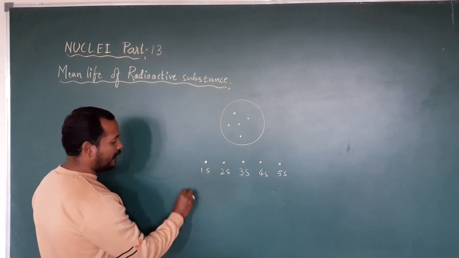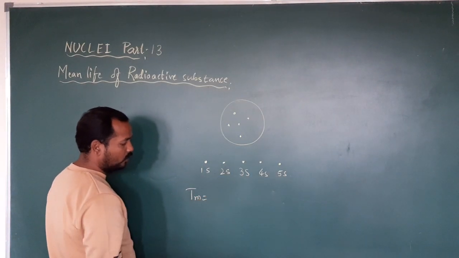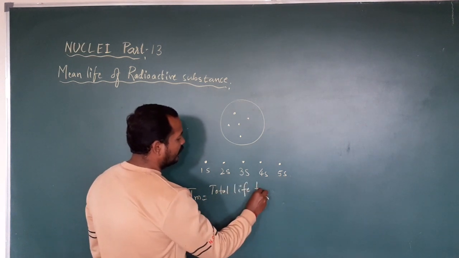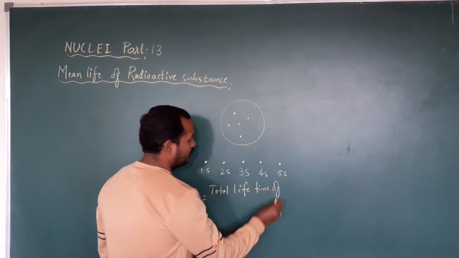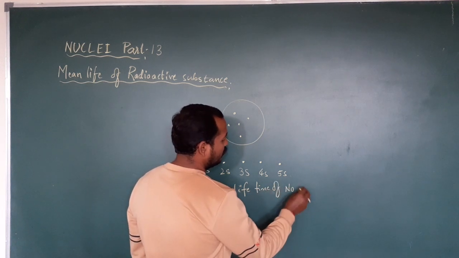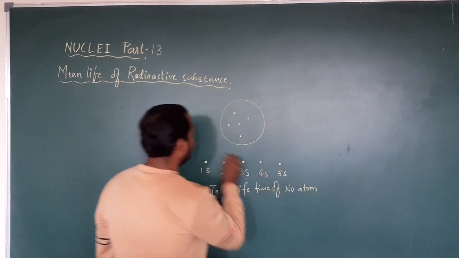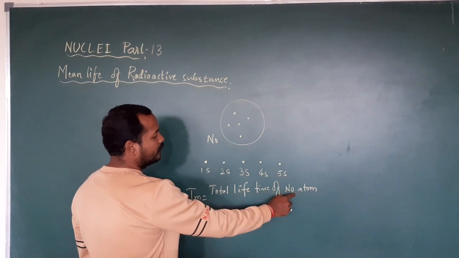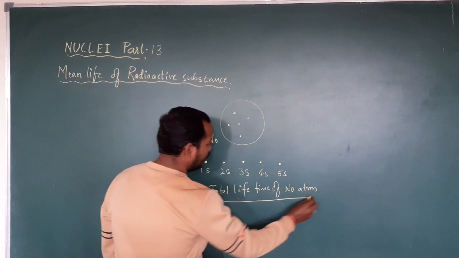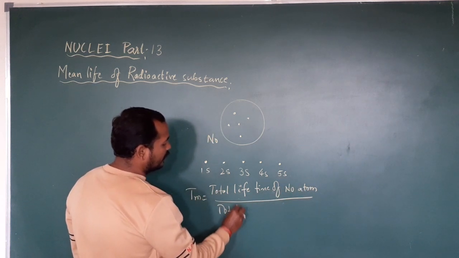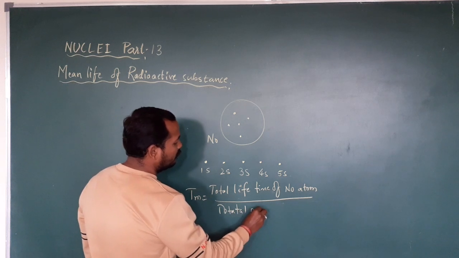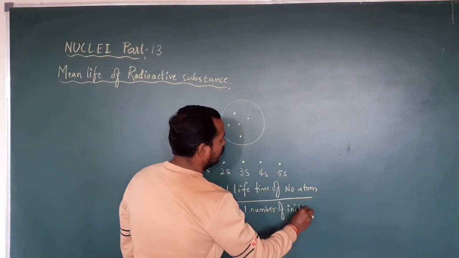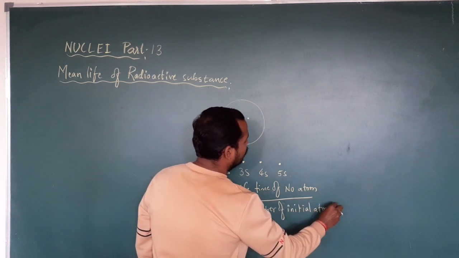I will take mean life as Tm here, which is equal to the total lifetime of N0 atoms, where I consider N0 as the initial number of atoms, correct? So the total lifetime of N0 atoms divided by the total number of initial atoms, which is N0.